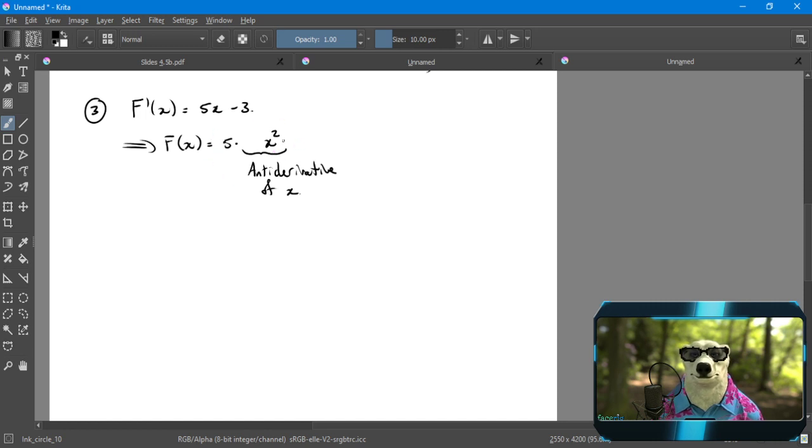But if I leave it like this and eventually check, if I take the derivative of 5x squared, I'm going to get 5 times 2 times x. And there is no 2 in this answer for the first term. So I need to make an adjustment so that in the power rule, when the 2 comes out, there's something waiting for it to cancel it because there is no 2 in there.